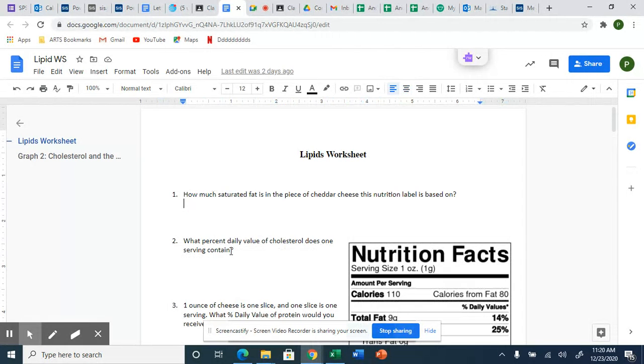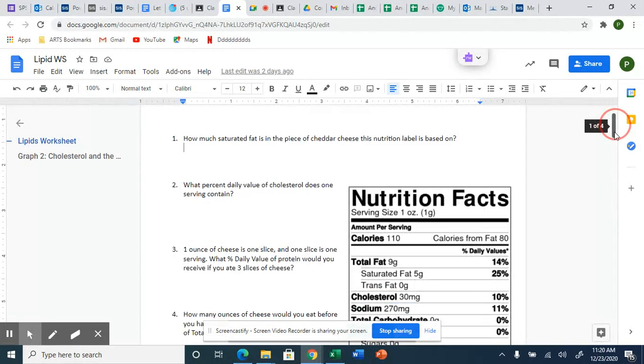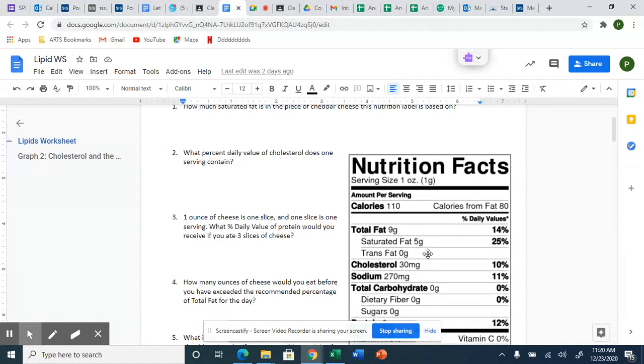The first question is, how much saturated fat is in the piece of cheddar cheese? If we move down right here, it says 5 grams. So we just type 5 grams.